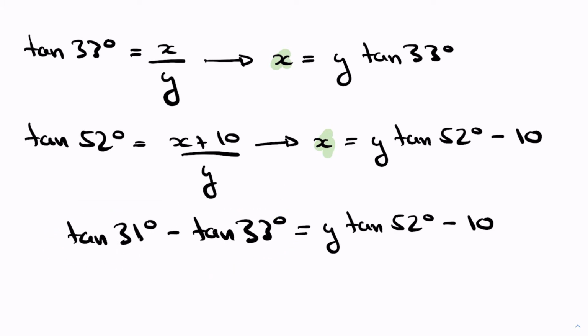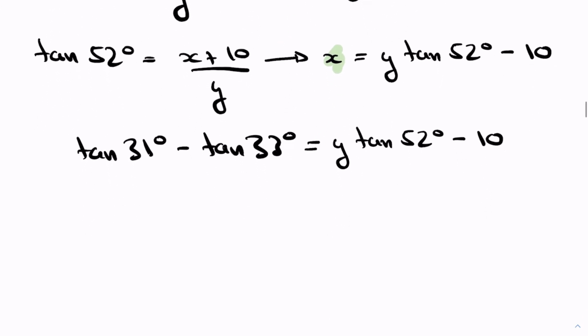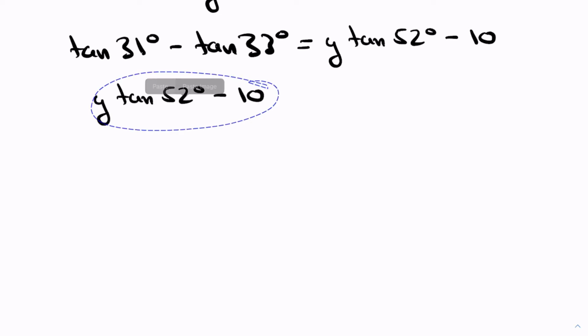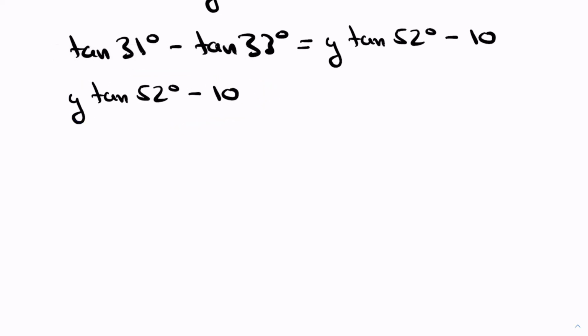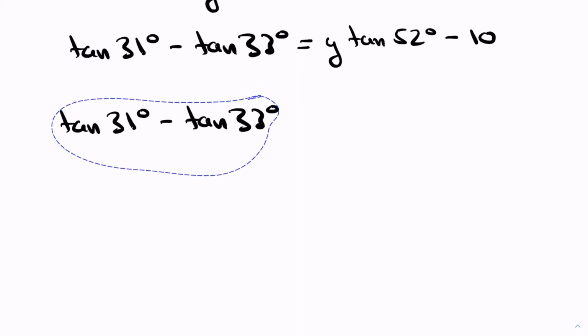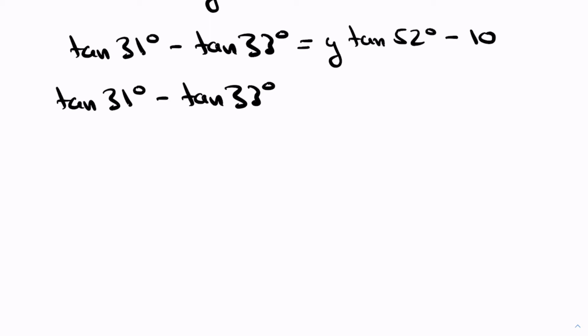The nice thing is that I only have y by itself. Let me rearrange this equation so that y is isolated. I copy all of this and paste it here, and the 10 goes over to the other side and becomes positive.